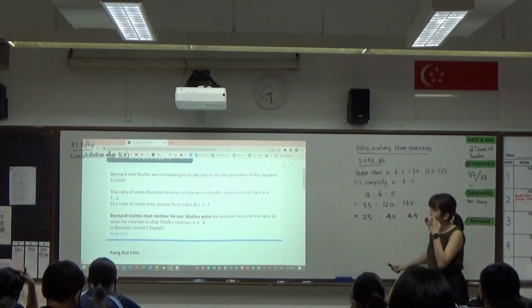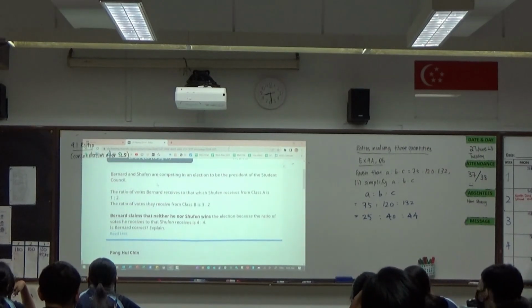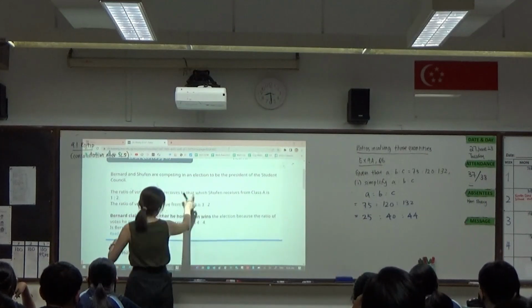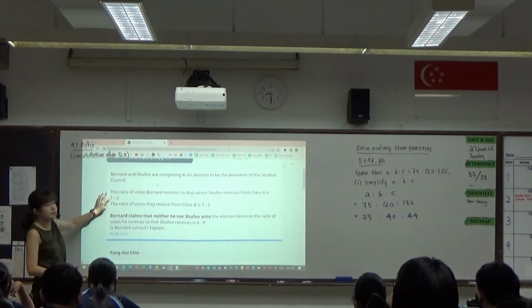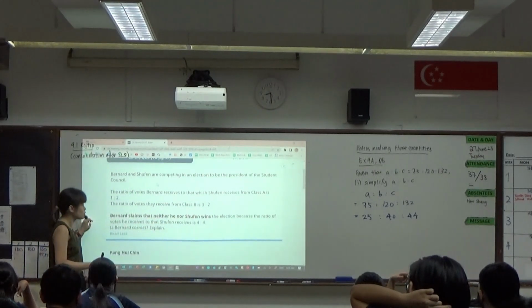Okay, it says that Bernard and Schufen, just to refresh your memory, are competing in an election to be president of the student council. The ratio of the votes that Bernard receives to that of Schufen from class A is 1:2, and from class B, the ratio is 3:2.